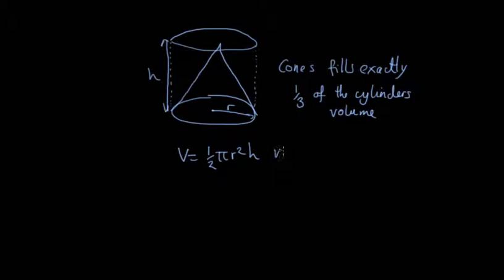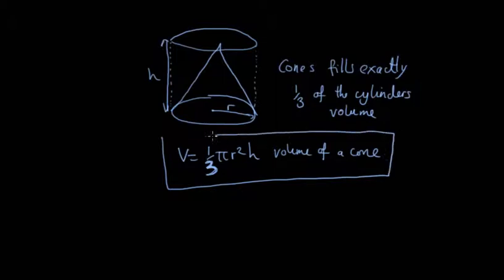So this is the volume of a cone. Oh, I've put half, it's not half, it's a third, sorry, that's really important. It's 1/3. And this is an equation you need to memorise. So let's look at an example.